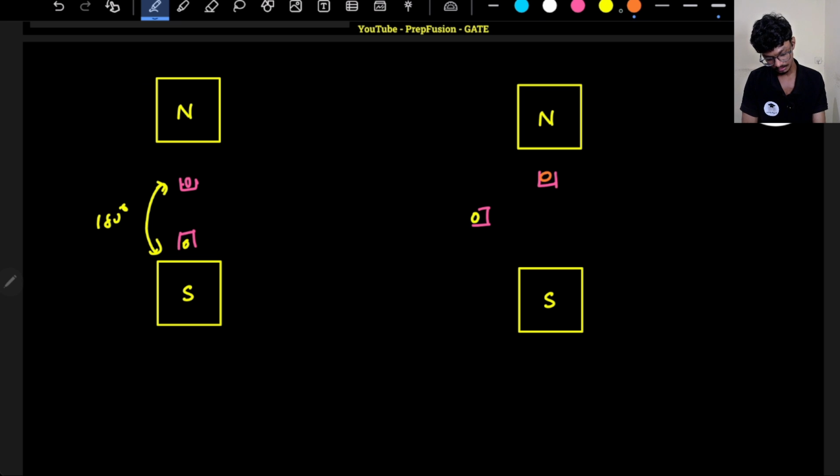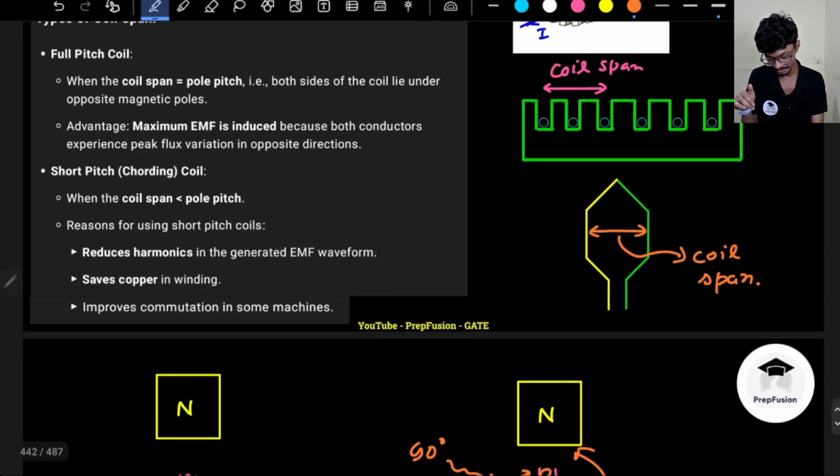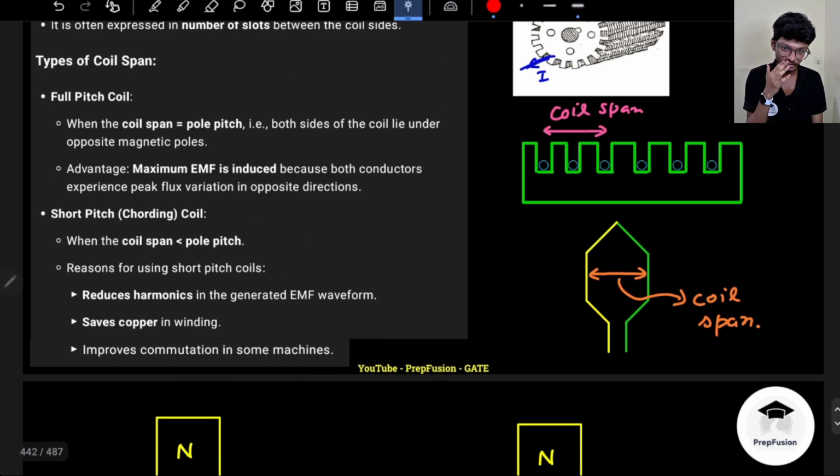So what is the coil span? In this case the coil span is 90 degrees, mechanical, but my pole pitch is 180 degrees. So the coil span is lower than the pole pitch, so it is called short pitch. Okay, why do we do short pitch?